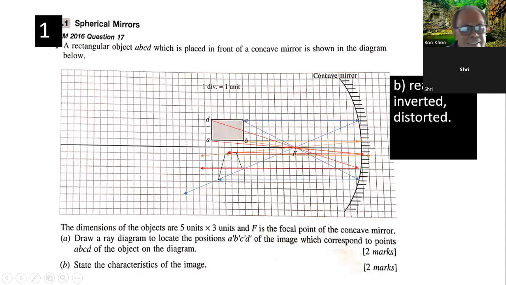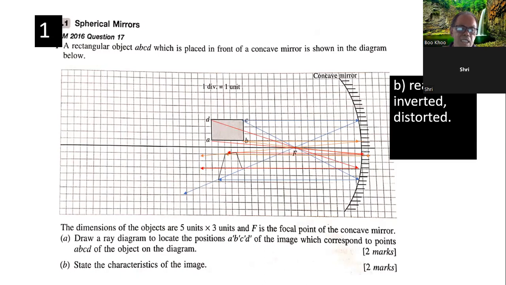So the first part, the dimension of the object is 3 unit, 5 unit, 3 unit. And F is the focal point of the concave mirror. Draw a diagram to locate A dash, B dash, C dash, D dash of the image, which correspond to points A, B, C of the object.